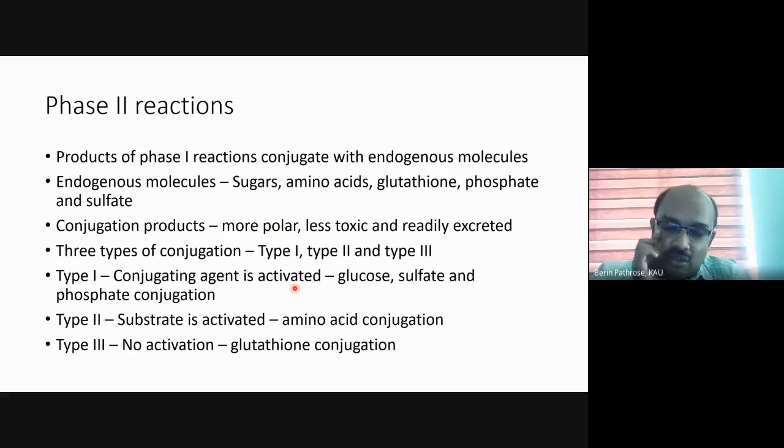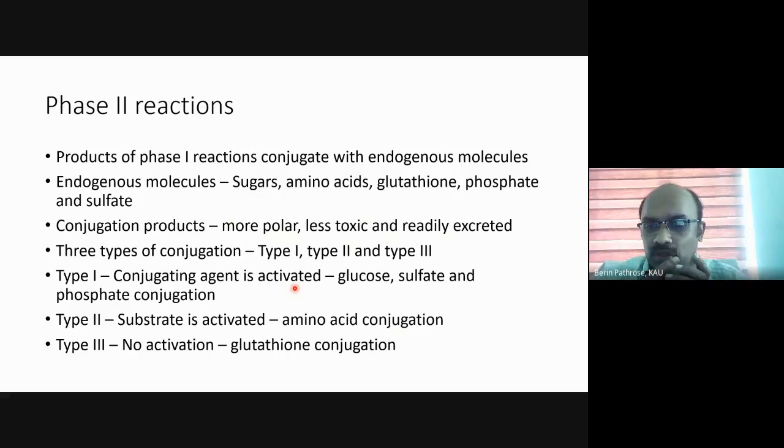Sorry, I told it wrongly earlier. Say, glutathione S transferase is the enzyme involved in the transfer of reduced glutathione to the substrate. Here, the conjugating agent is reduced glutathione.